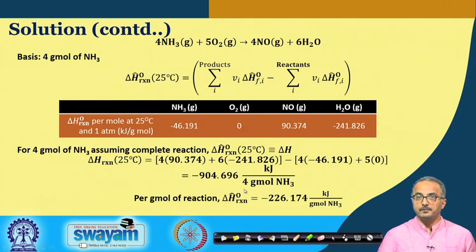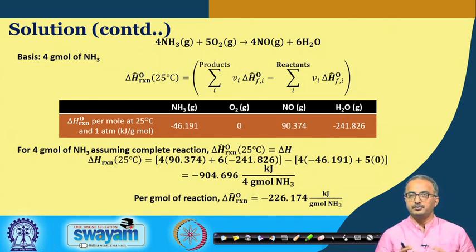Now, for 1 gramole of ammonia, we simply divide this value by 4 and we get this value. So, it is quite simple, and it is just a manipulation of the heat of formation and the stoichiometric coefficient to get the heat of reaction.